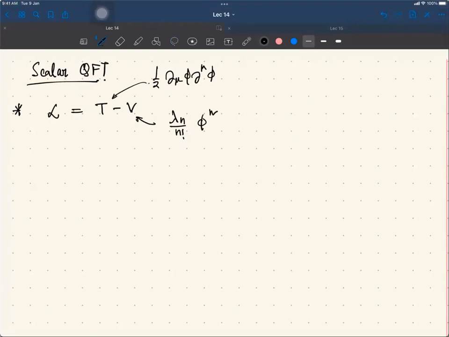So this is a phi to the power n, and lambda n is the corresponding coupling. You can consider multiple values of n and consider a potential which is a sum of such terms, but for the purpose of our discussion now, we will keep n fixed, but we can consider different values of n.